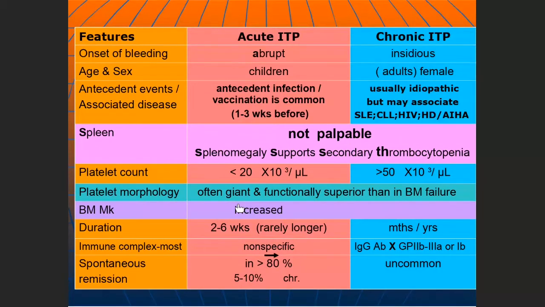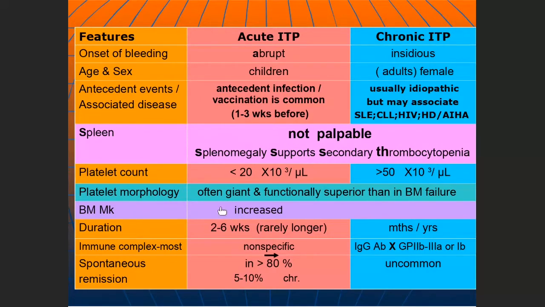Okay? Because giant platelets are hemostatically more competent than the small platelets. If we see the blood smear, we find giant platelets. If we examine the bone marrow, megakaryocytes are increased. They are increased to compensate for the low count.